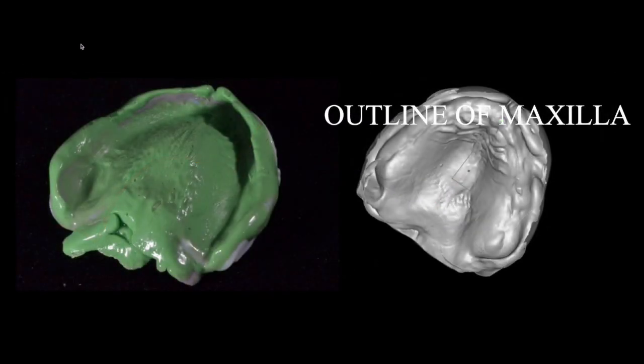And this particular impression should have the outline of the maxilla that we just discussed: from the hamular notch, raphe, palatine foveae, and buccal vestibule, and frenulum attachment, and anterior incisive papilla area.